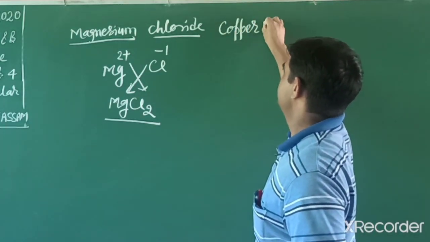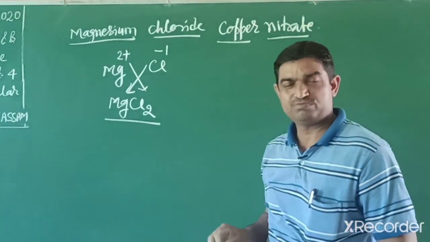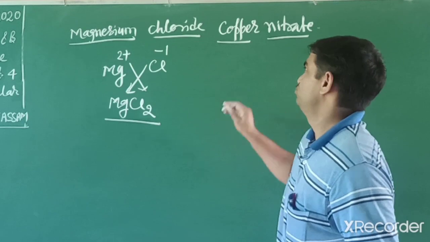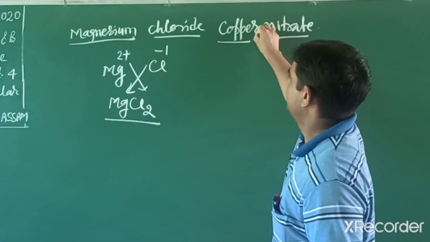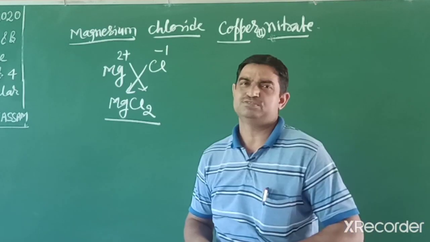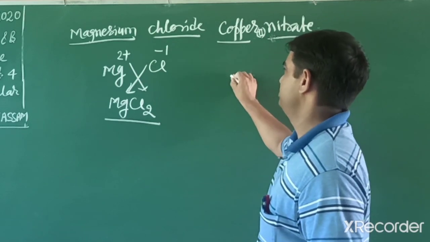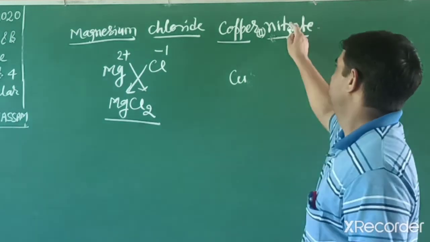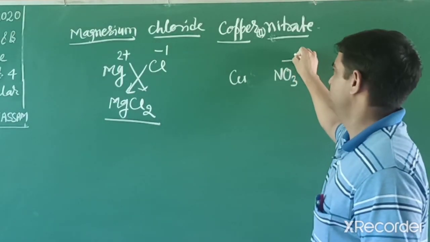Other one, given copper nitrate. Students, here in copper the charge or valency is not mentioned, because copper has two types of charge. So it should be written copper(II) nitrate, like this, copper two in Roman numeral. It means plus 2 charge or valency 2. At first we write the symbol. Copper symbol is Cu, cuprum. Nitrate we know NO3, with charge minus 1.